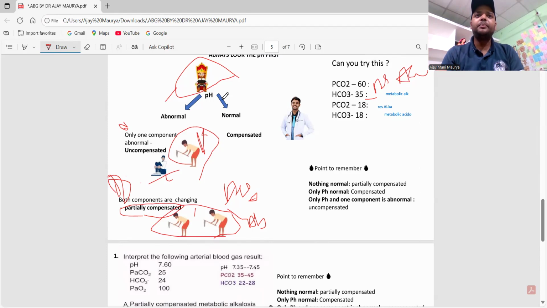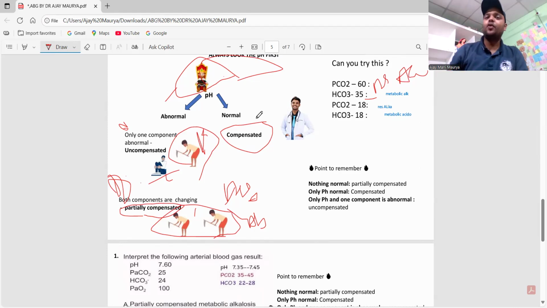Next one is if the pH is normal. If the king's mood is normal, it means what? The king is simply sitting in the hall and he is happy with his clients. What is behind the scenes? What is the BTS behind the happiness of the king?